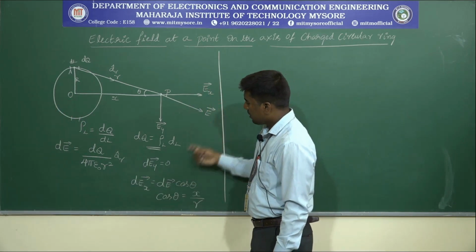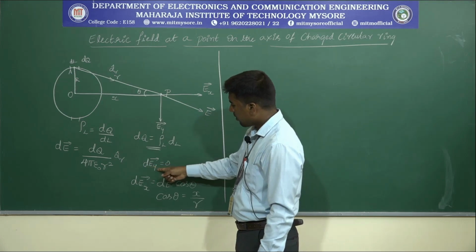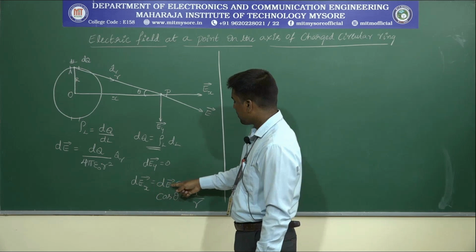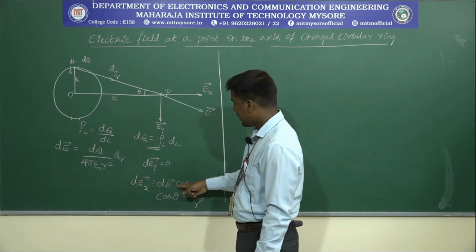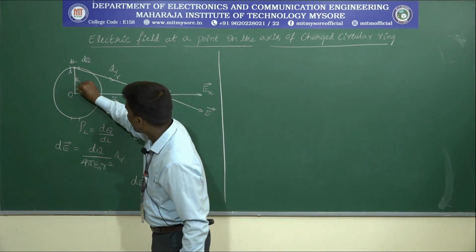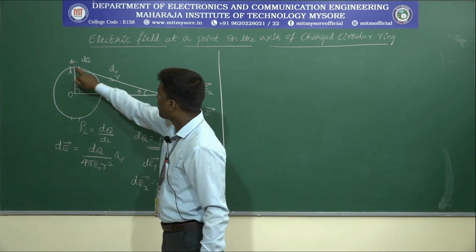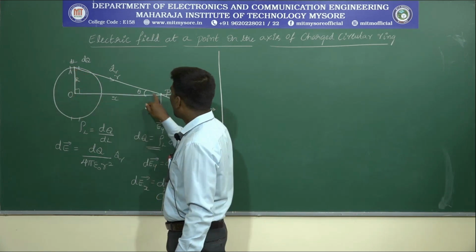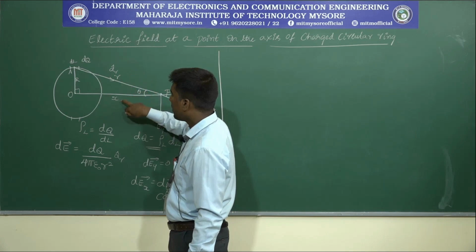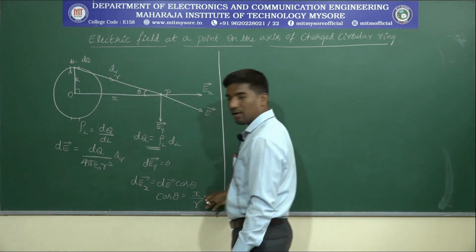Continuing with this, as I said earlier, dEy is assumed to be 0 and dEx is equivalent to dE cos theta, where cos theta is equal to x by r according to the right angle triangle AOP. According to this triangle, cos theta is adjacent by hypotenuse, that is x divided by r. That's what I have written here.